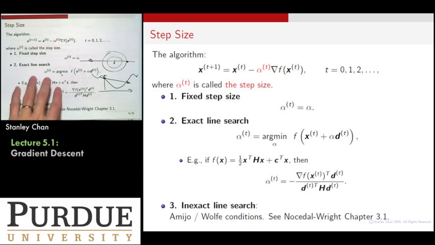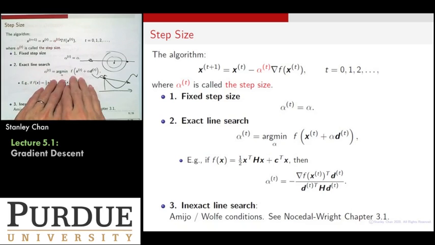This may not hold in general for problems that are not quadratic, but for quadratic, you usually have this expression. There is also a line of research called the inexact line search. Inexact line search says that this optimization problem could be extremely difficult because my F could be a deep neural network, and so it could be highly nonlinear. So I may not be able to find the exact alpha, and so you have inexact line search methods to approximately find a good alpha.